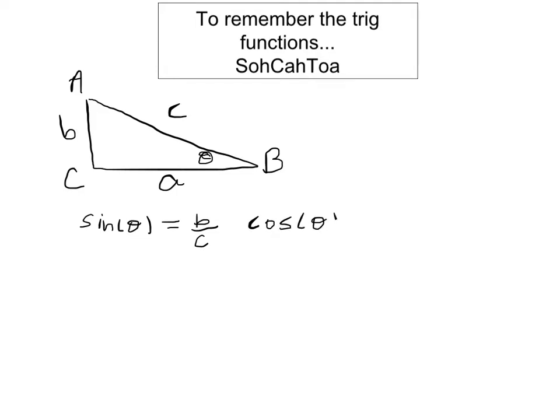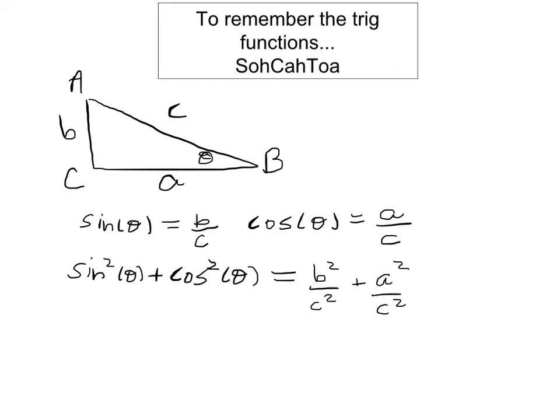Cosine of theta is adjacent over hypotenuse. So if we look at this relationship, sine squared of theta plus cos squared of theta, we see that it's equal to the following.